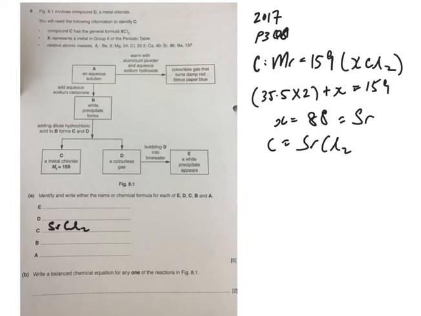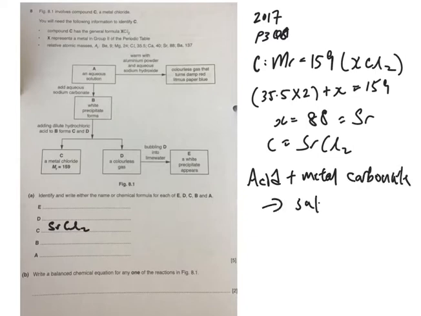Now we will solve the next unknown, and D looks simple, since adding HCl to B gives strontium chloride and an unknown D. Recall your acid equation, right? Your acid plus metal carbonate will provide you with your salt plus CO2 plus H2O.